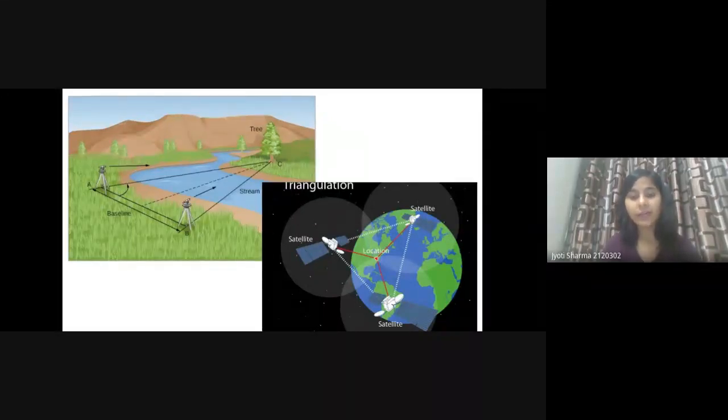This triangulation is also the principle for locating an object using satellites. Whenever you have more than 3 or 4 satellites, the triangulation will help you find out the location where the object is.